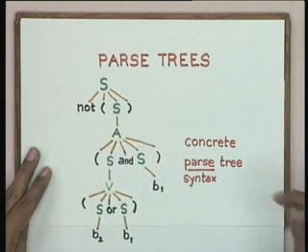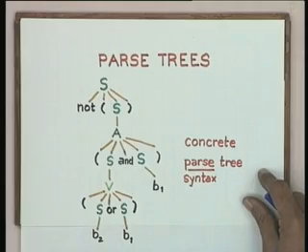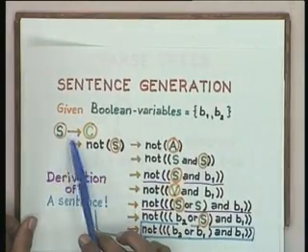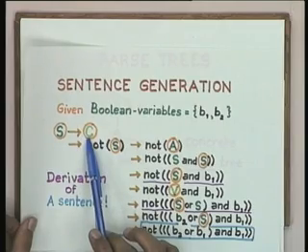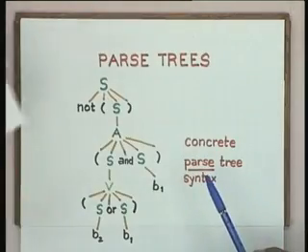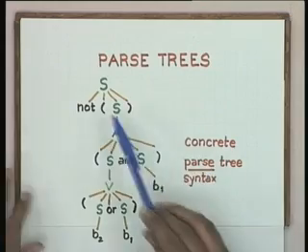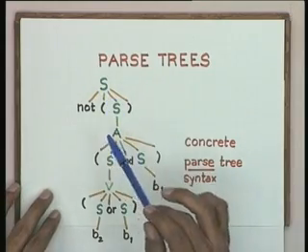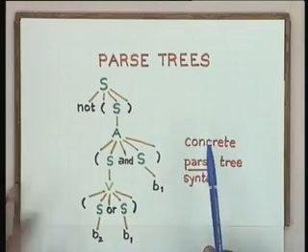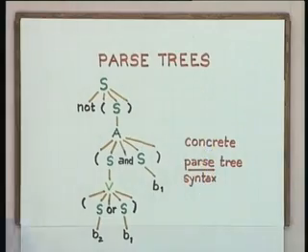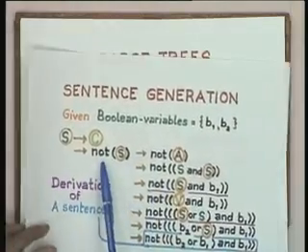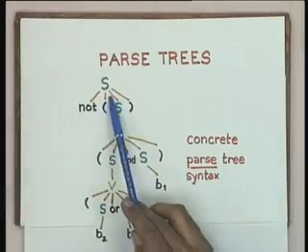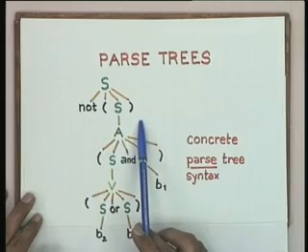Now, in the generation of this sentence, the first production that was applied was S goes to C, which I have not written here, but you could for example write S goes to C as a production. Then the next production was C goes to not S. So, that C goes to not S is what is here.